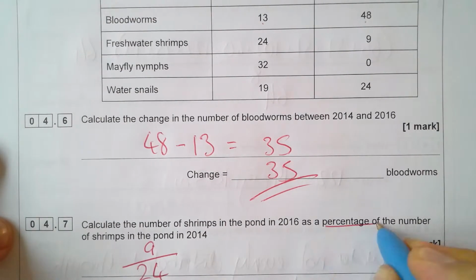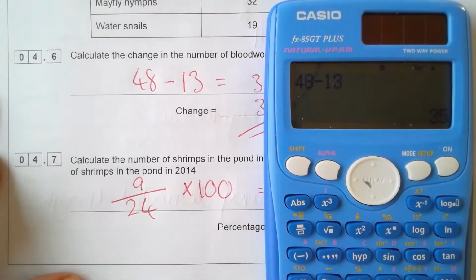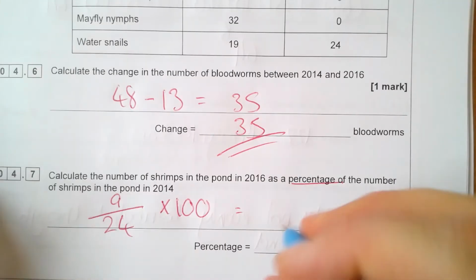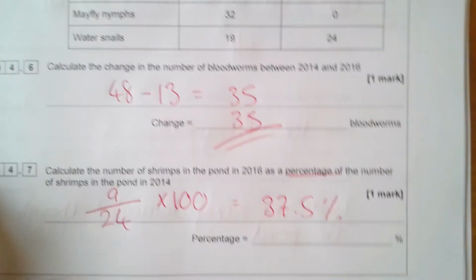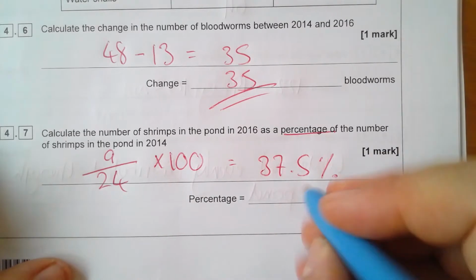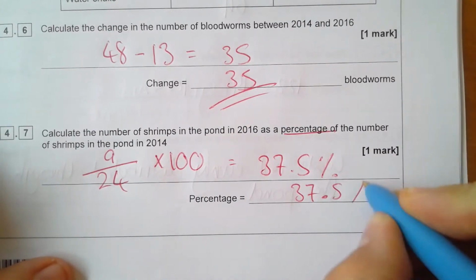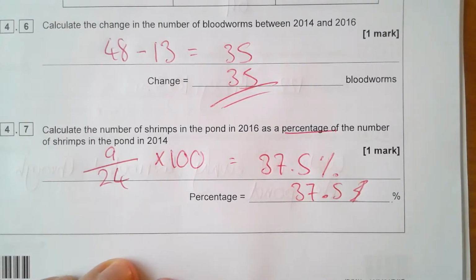Because it's a percentage, we'll times it by 100, and 9 over 24 gives us 37.5%. It's not specified what significant figures or decimal places they want, so I'm just going to leave it as 37.5, and they've already given me the percentage sign, 37.5%.